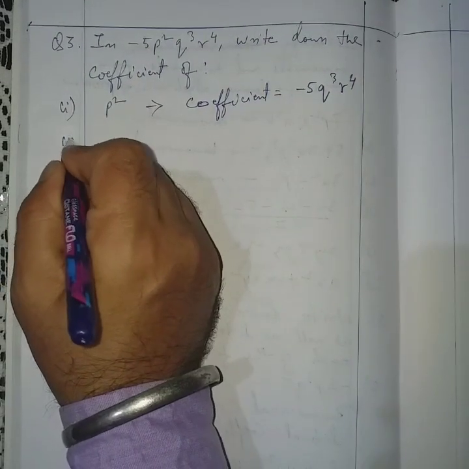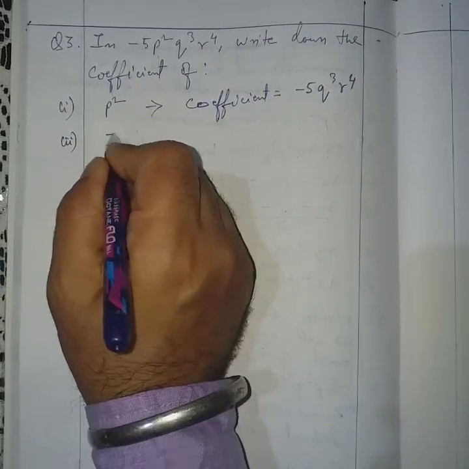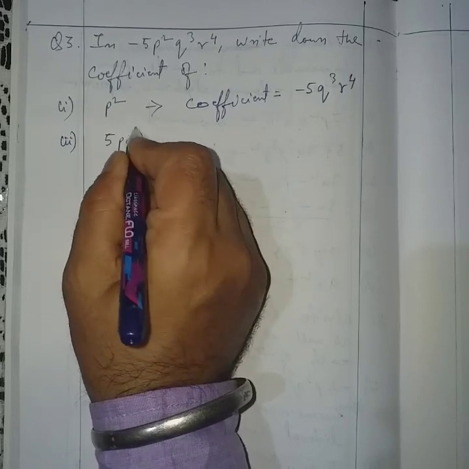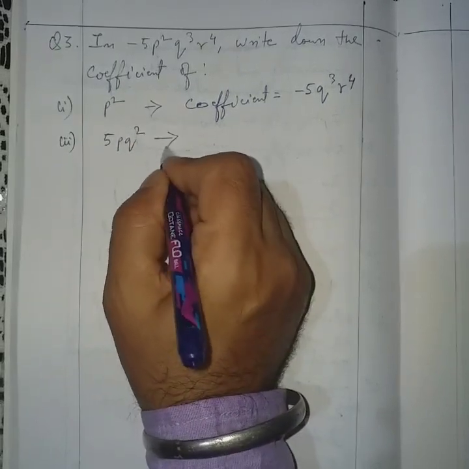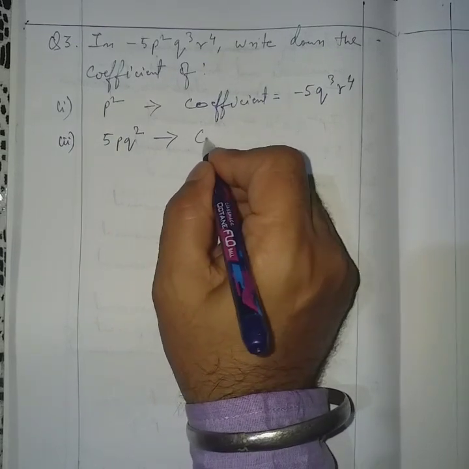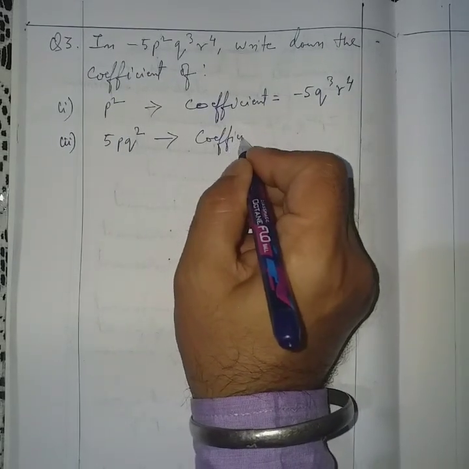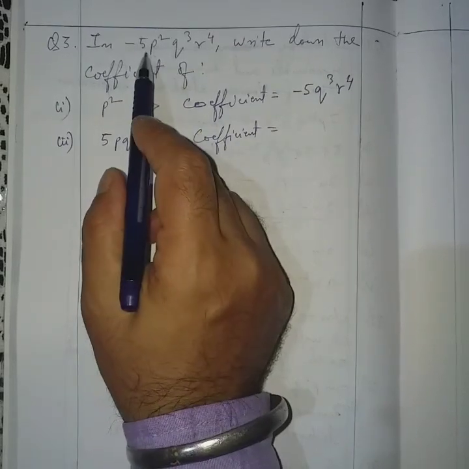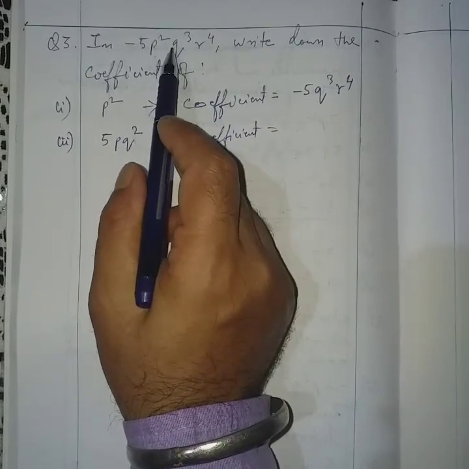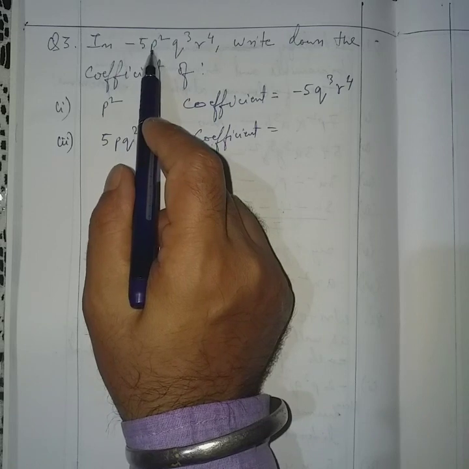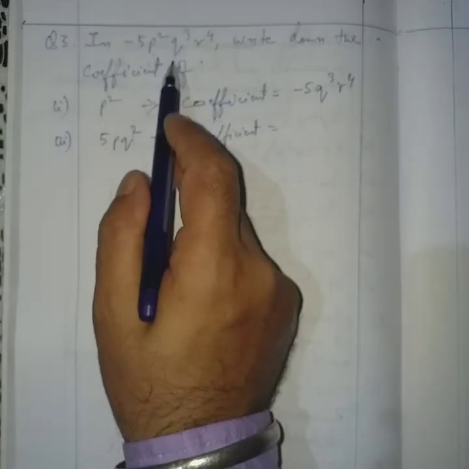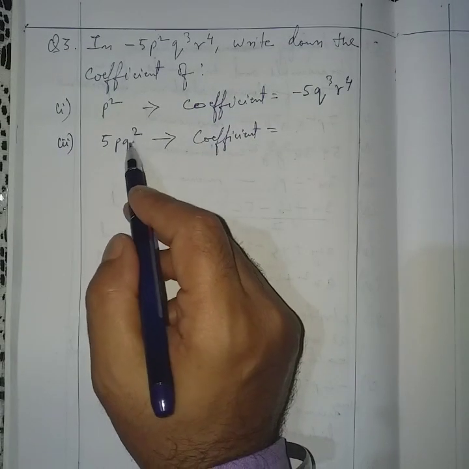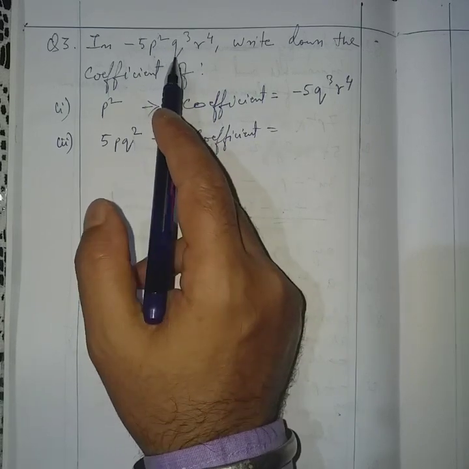Okay, number 2, 5 pq square, coefficient of this. Coefficient of 5pq square, that means from p square 1p is here, from q cube 1q, q square is here, remaining are the coefficients.